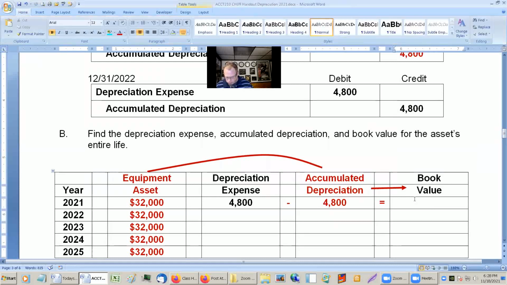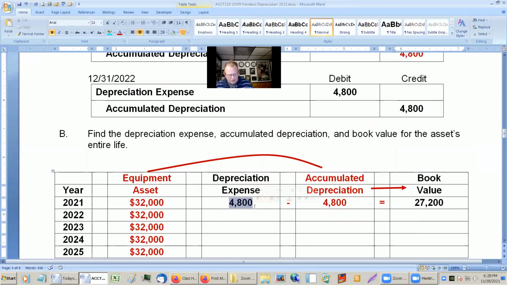So each year's going to keep going down in value. Hold on. 27,200, you said, right? 27,200. Okay, so this will be our book value.